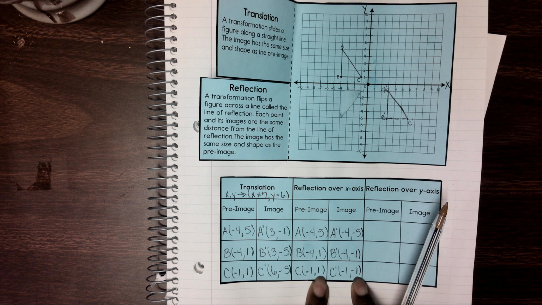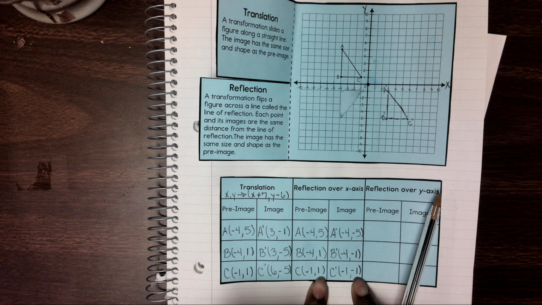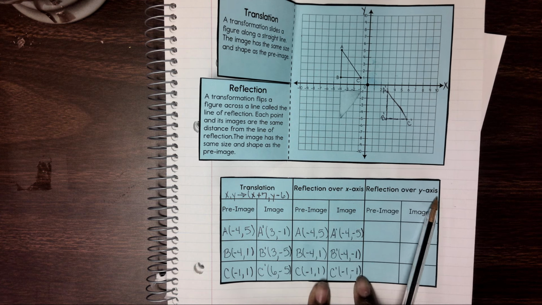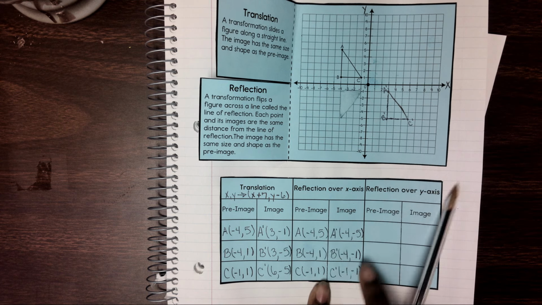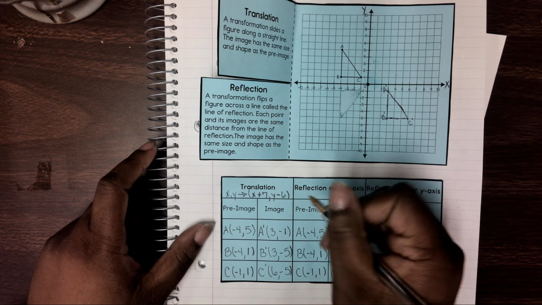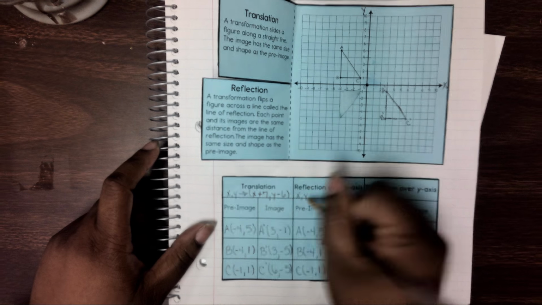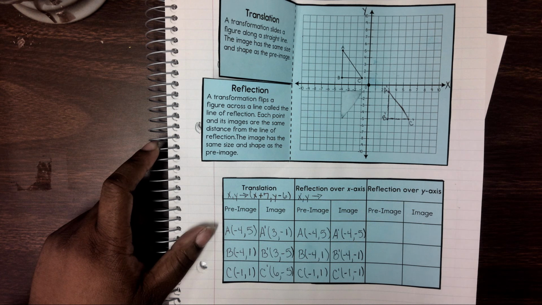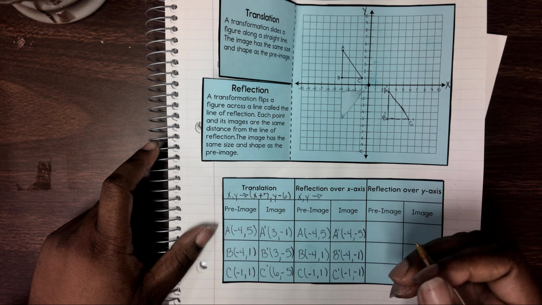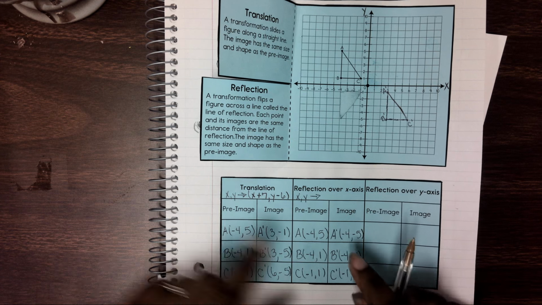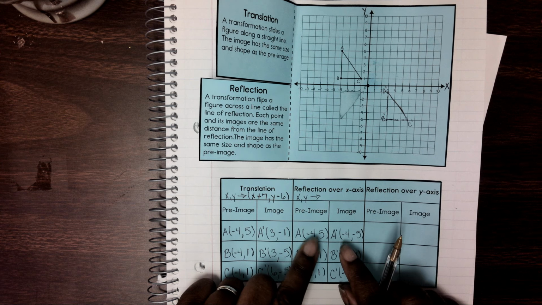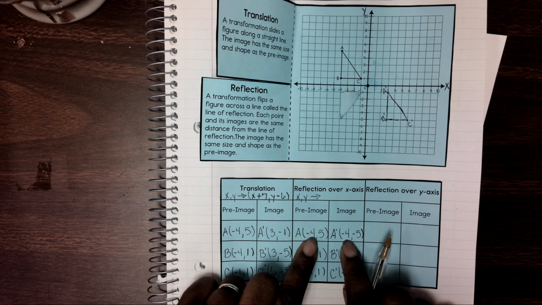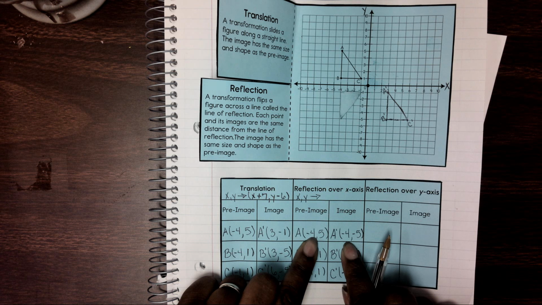So now we should be able to write our rule or our algebraic representation from the connection that we just drew. Okay. Again, it always starts with x comma y changes to... again our -4 is still a -4. So again, did it stay the same or did it change?